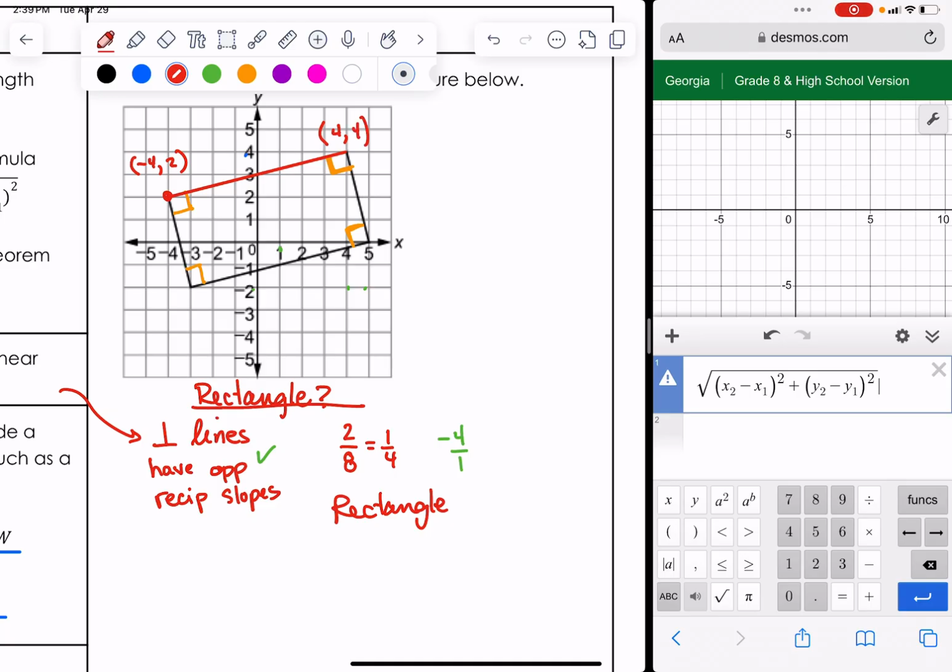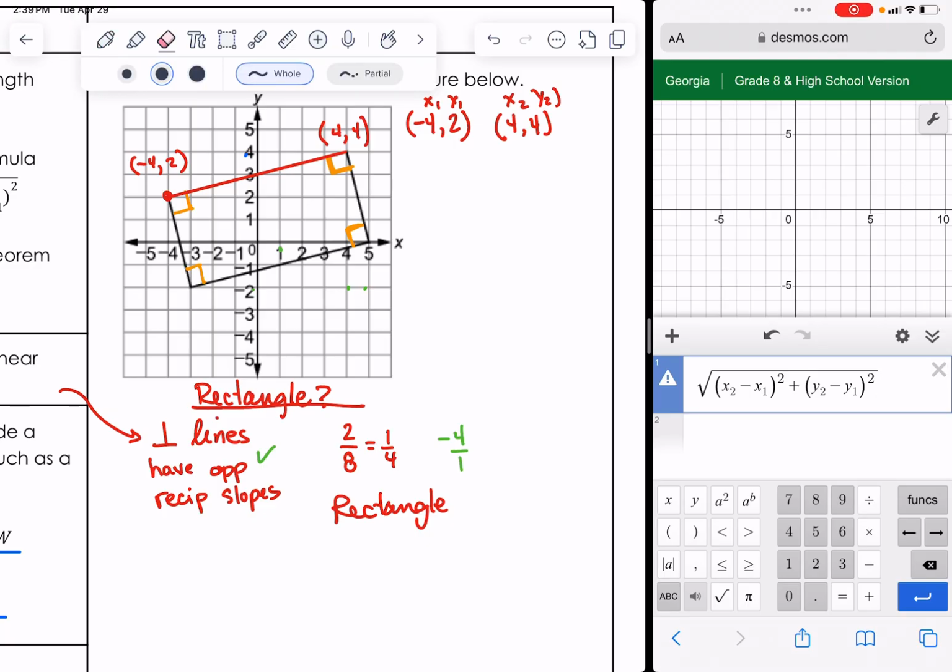So if we're looking for the distance between these 2 points, let's write them down over here. -4, 2 is x1, y1, and 4, 4 is x2, y2. Now, you can type these into your calculator, into the formula. You can do this piece by piece, which is what I like to do.